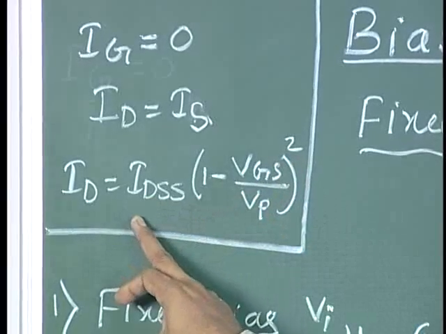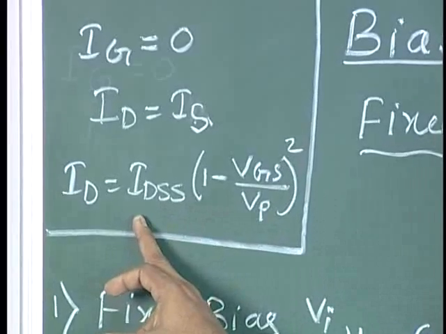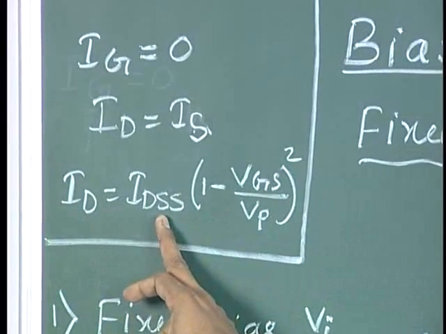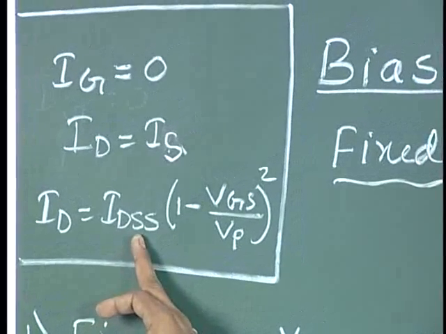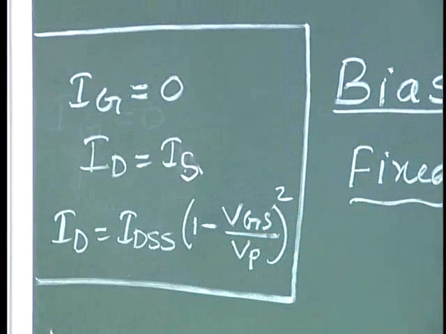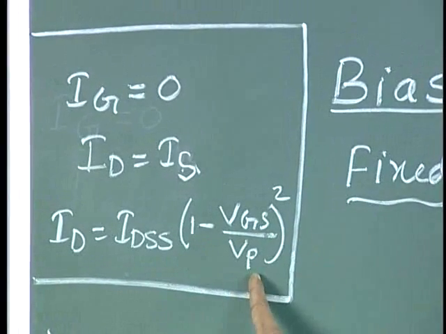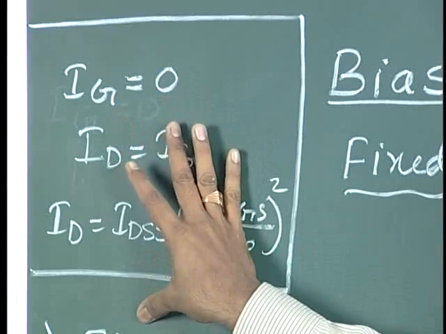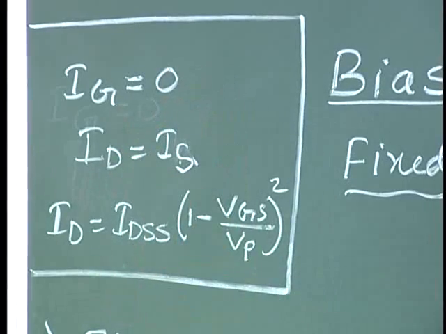This was already proved in the sixth unit on field effect transistors, where ID is the drain current and IDSS is the maximum current flowing through the device. VGS is the voltage between the gate and source, and VP is the pinch-off voltage. These are the approximations made to get a stable operating point.